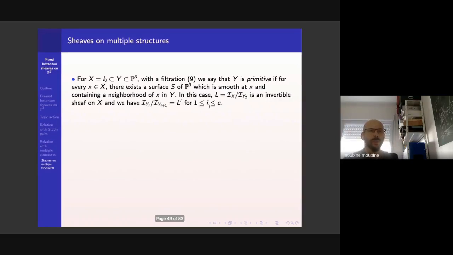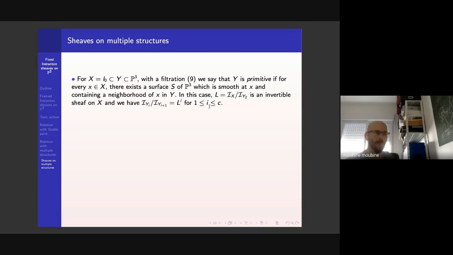Okay, so before this, I will just tell you about primitive multiple structures. So these are multiple structures such that for every x in the simple structure, there is a surface in P3 that is smooth at x and containing a neighborhood of x in y in the multiple structure.